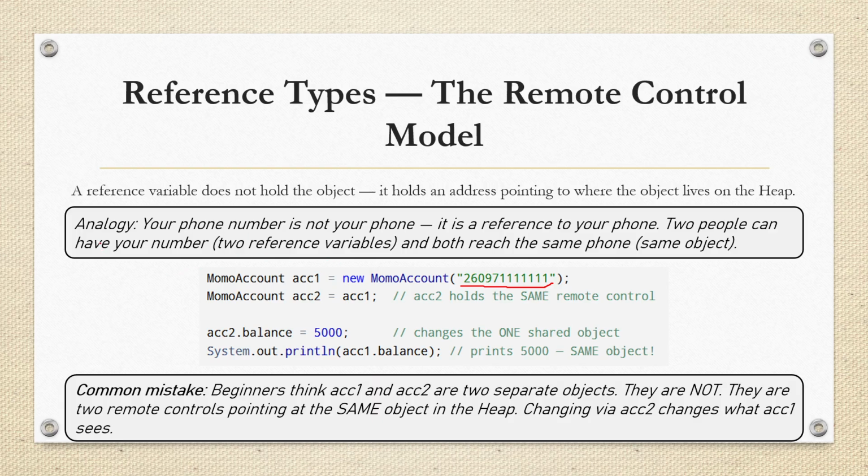So you can think of this as one object existing on the heap, like I gave that example of a phone, and you have two of your friends who have your exact contact. Both contacts will be pointing to your phone, similar to how SEC1 and SEC2 are pointing to the same thing, which was created here.